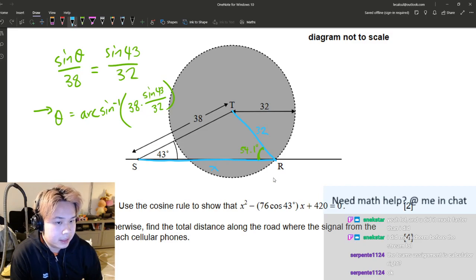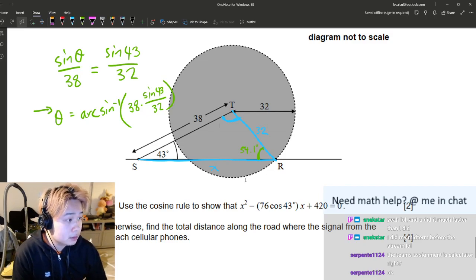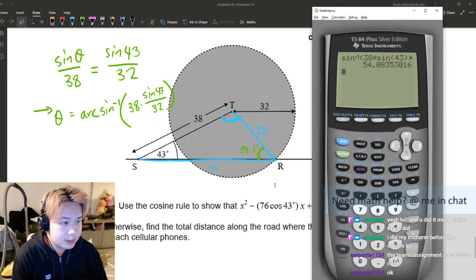So now I can figure out this angle in between 38 and 32, and then I can use cosine law to finally get x. So 43 plus 54.1, subtract 180, so 82.9.